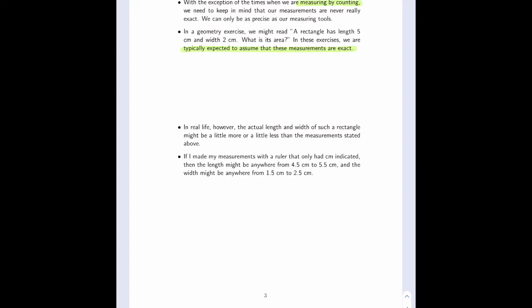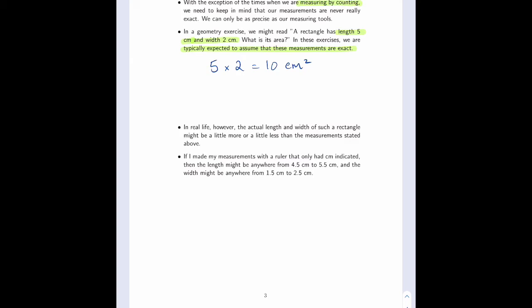But really, if I tell you that a rectangle has length 5 centimeters and width 2 centimeters, sure, in elementary school, we might assume that kids are going to simplify and think that these are exact measurements, and the area is going to be 5 times 2, which is 10 square centimeters.